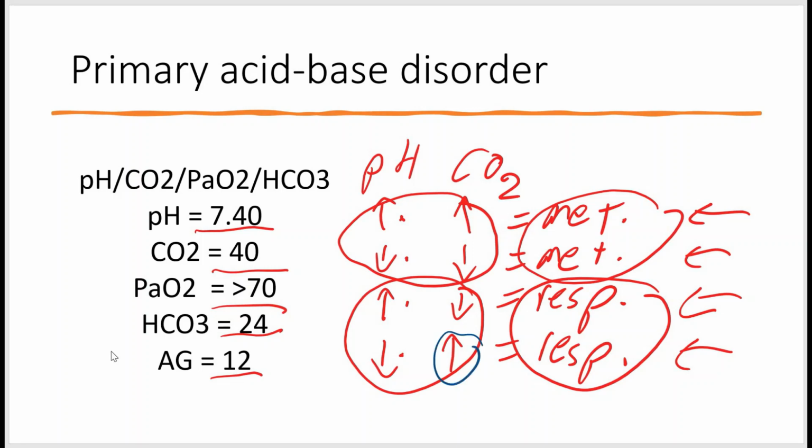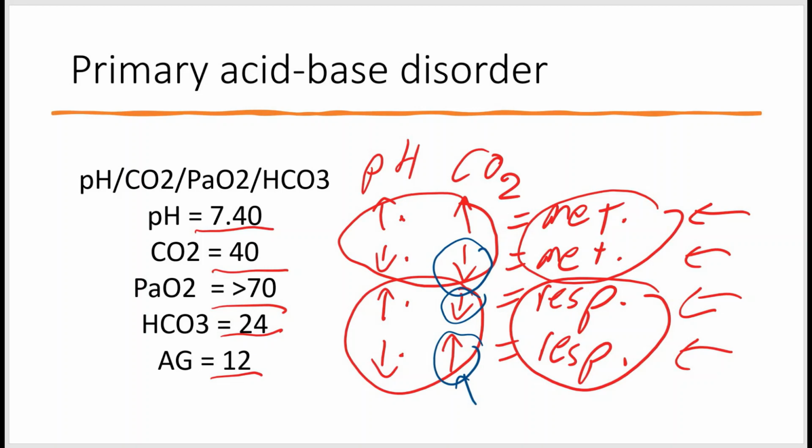So this makes sense. In respiratory acidosis, you have increased CO2. In respiratory alkalosis, you have decreased CO2. So in metabolic acidosis, you have a decrease in bicarb, so your body compensates by decreasing CO2.